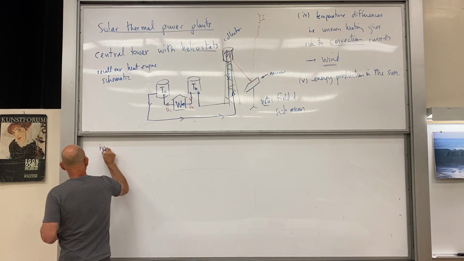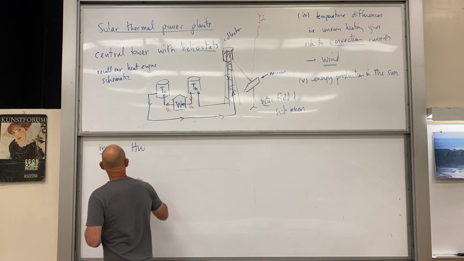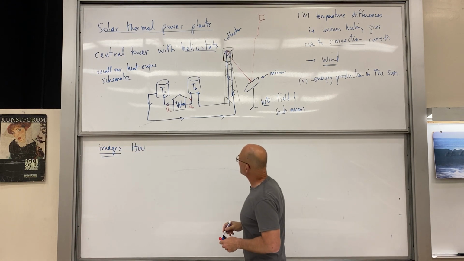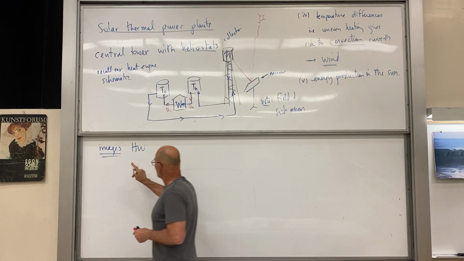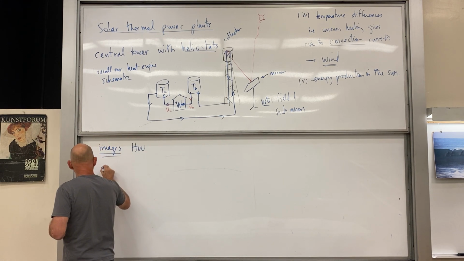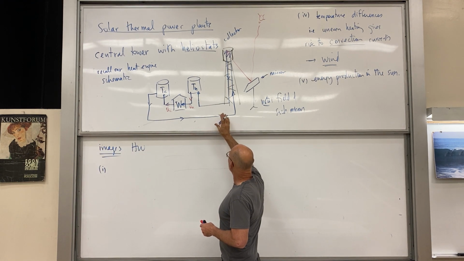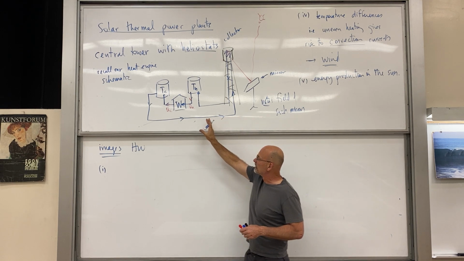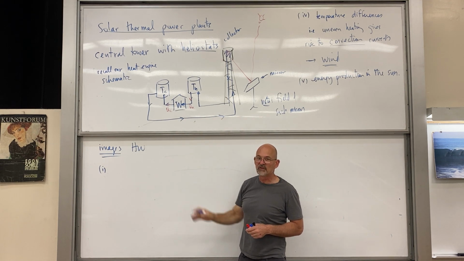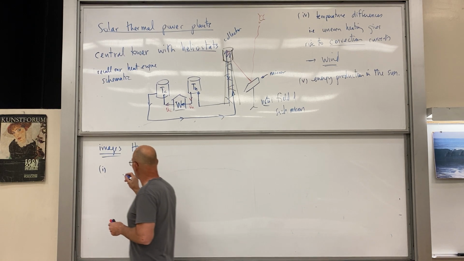So images, that's our homework for this topic here. There is a power plant of this type that actually uses the heat, and not the power generation, to assist in oil recovery, but it's out in Kalinga.